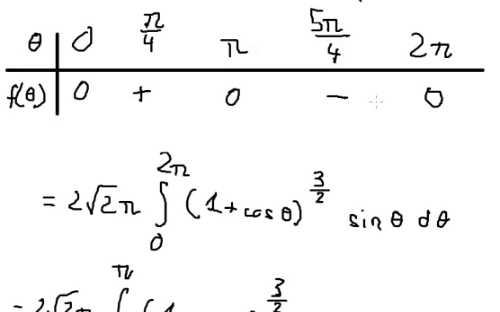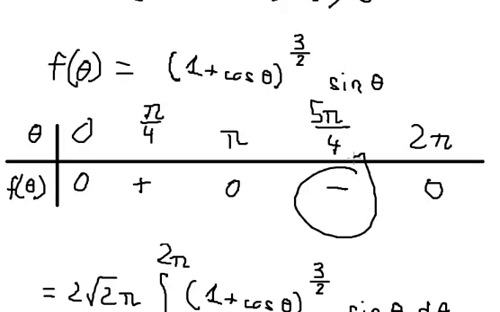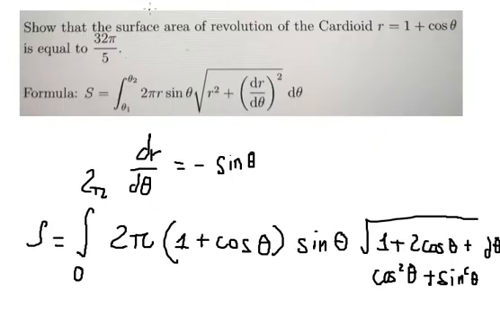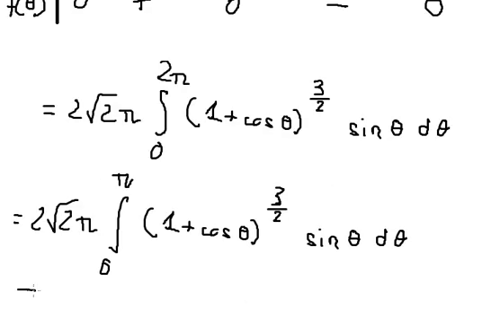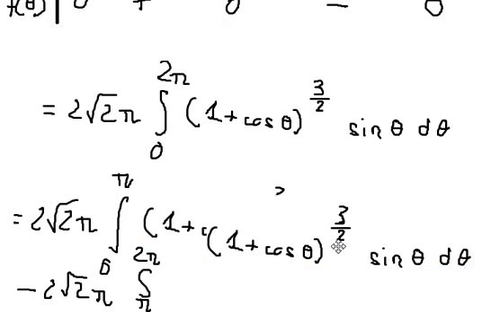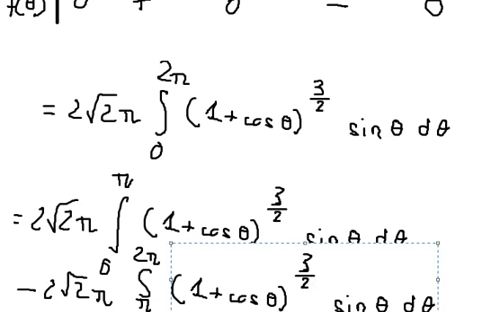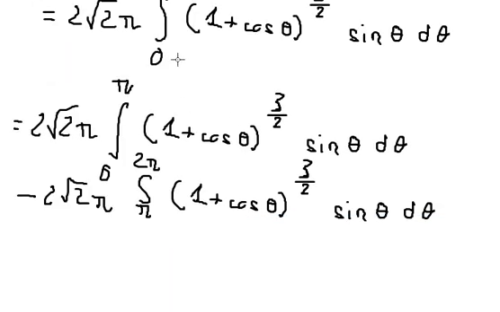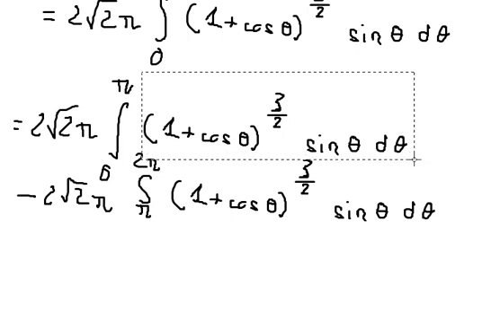The next one, because we have the negative side, but the question wants to find the surface area, so we put the negative next to the integration from π to 2π, and we have the integration of this one. And now we need to calculate this integration first.